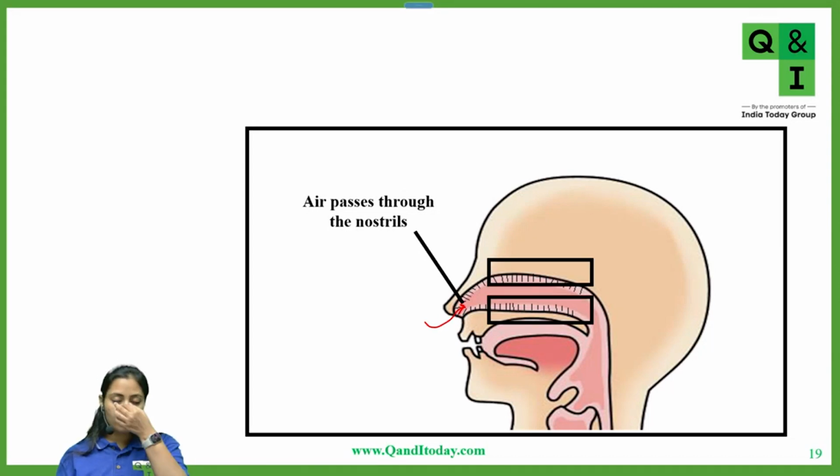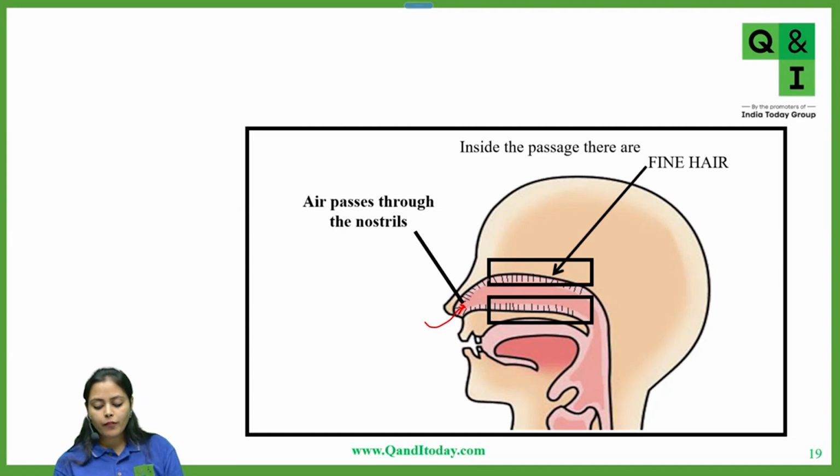The air passage inside the nose is lined by very fine hair. Okay, so the inside of the nose is lined by very fine hair. I think all of you must have seen your nasal hair. Most of the time while cleaning our nose, we see that we have hairs present inside our nasal cavity. Most of you have seen that. Yes or no? If no, by chance, then please look into the mirror.